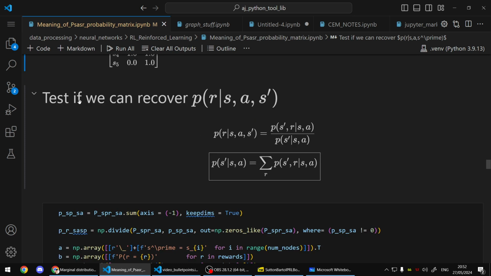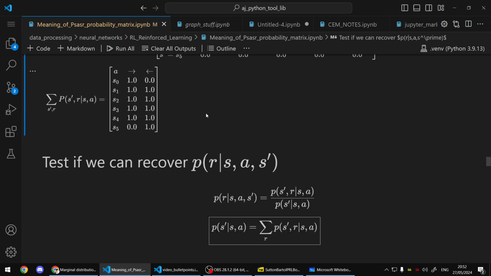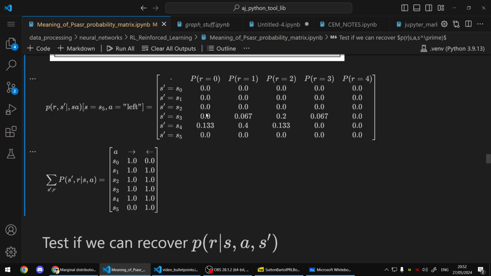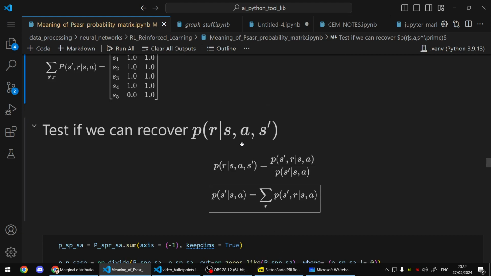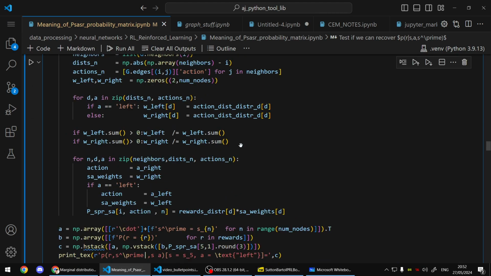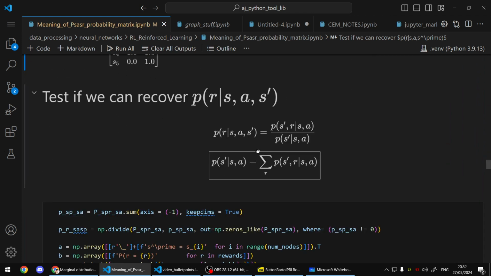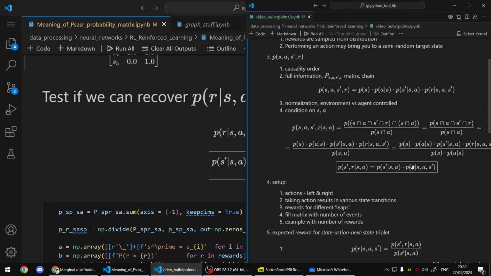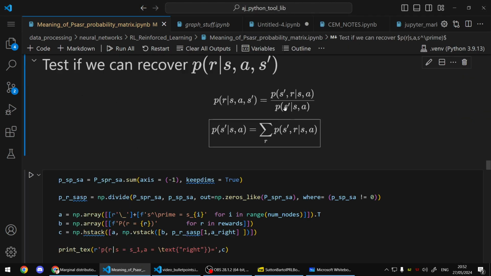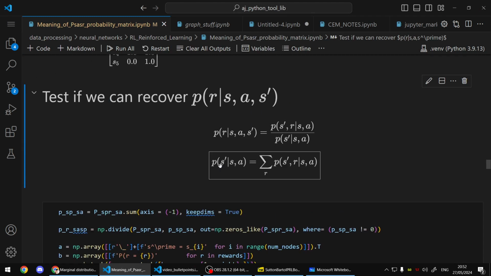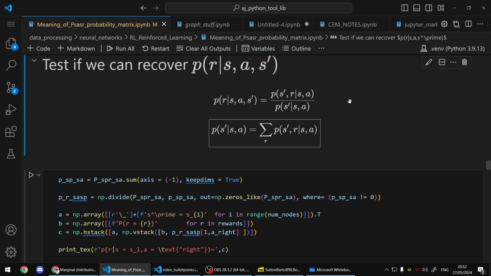and we can test whether we can actually recover these probabilities. Although we defined it using these probabilities, the question is, can we basically recover it? So we take this expression for R, divide both sides, we get this expression, and we have to marginalize it over R, which we do.